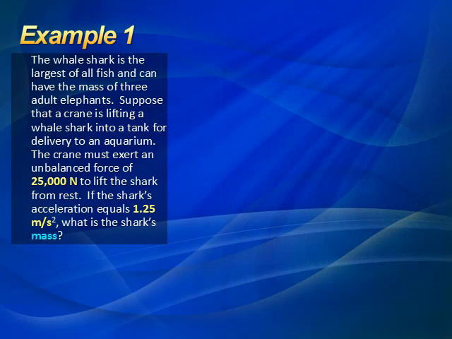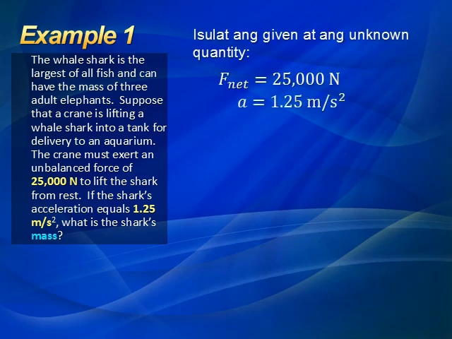Okay, so again, katulad ng pag-solve ng ibang problem, we will simply have to write all the given quantities and the unknown quantities. So dito, meron tayong F net, or net force na 25,000 newtons. And then you have an acceleration of 1.25 meters per second squared. At ang hahanapin natin ay ang mass.